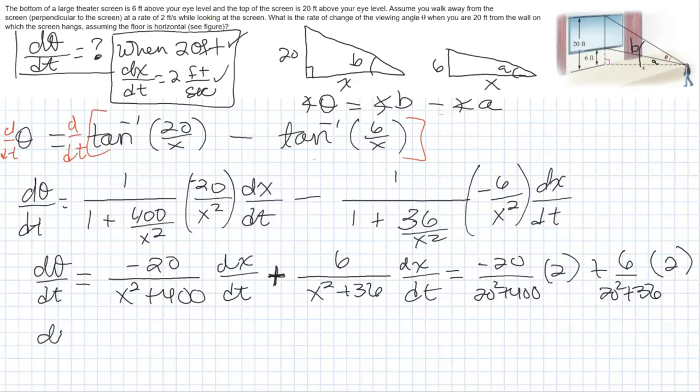When you punch that into your calculator, d theta dt is approximately negative 0.022477.